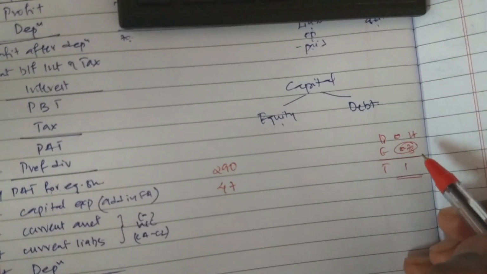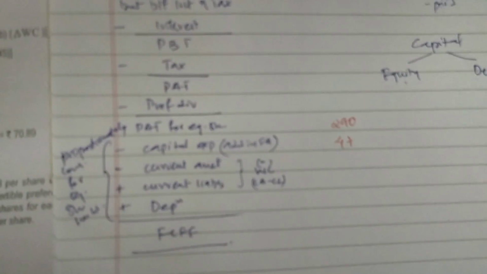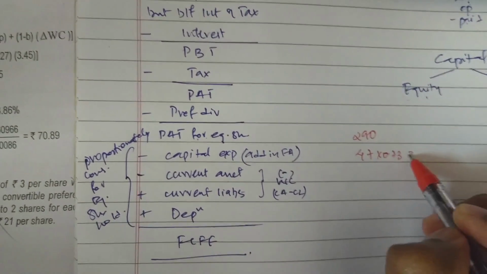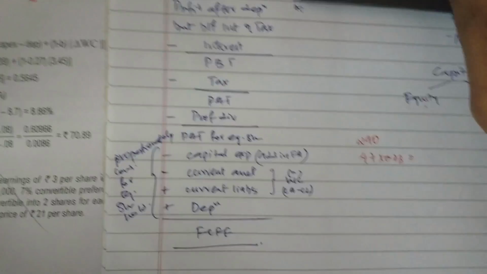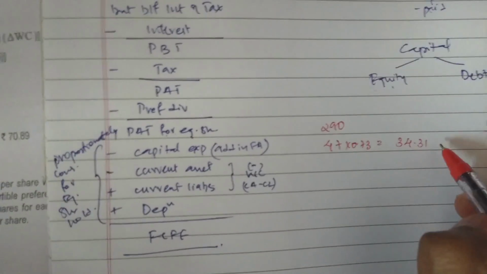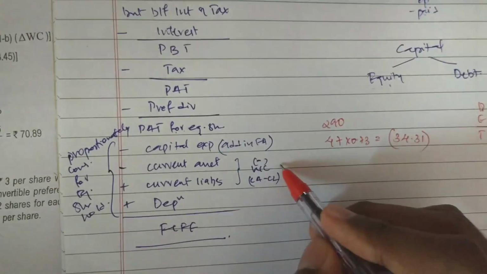So equity is 0.73. So capital expenditure to the extent of equity, 47 into 0.73, gives you 34.31. 34.31 is to be reduced. Then we have working capital.